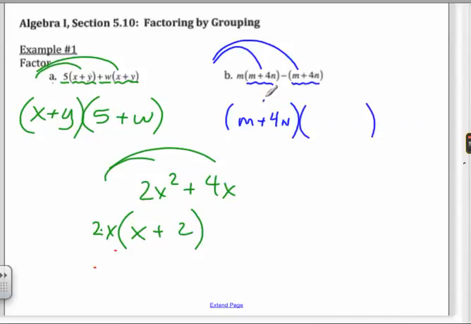But what do I distribute it to get what I had at the beginning? M minus 1. Done. M plus 4n times m gives me this. M plus 4n times negative 1 gives me this. Done. That's easy. Let's look at example number 2.